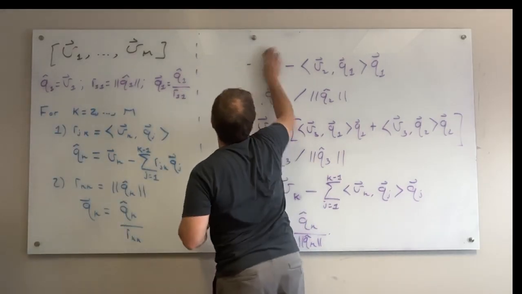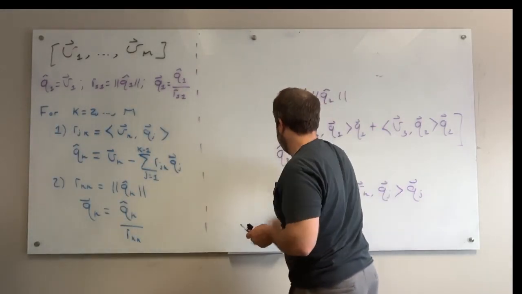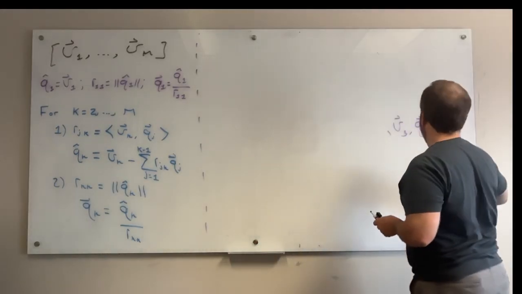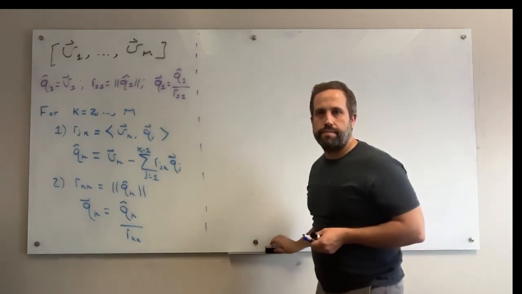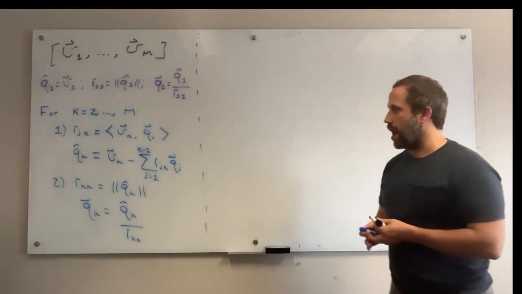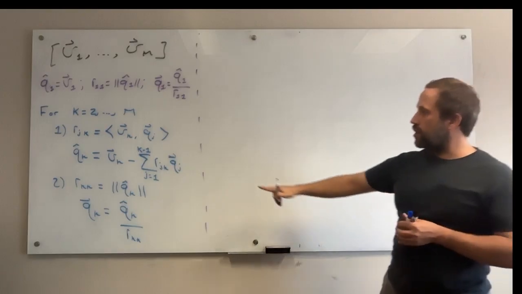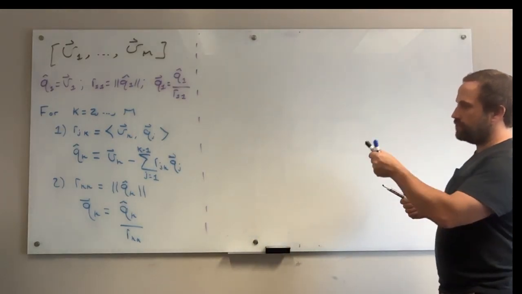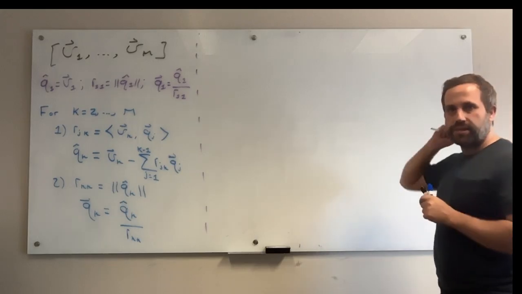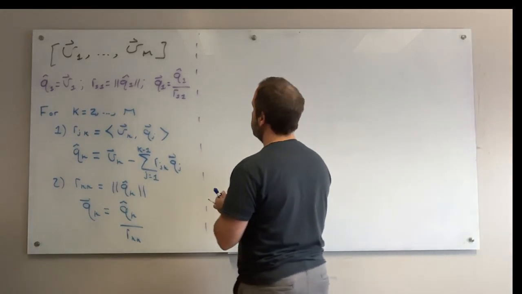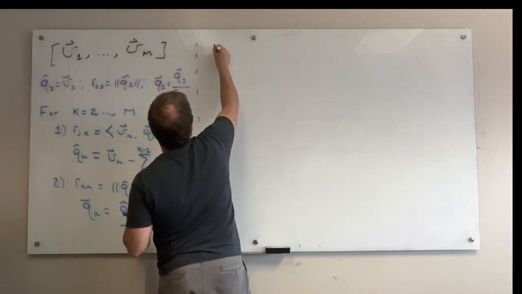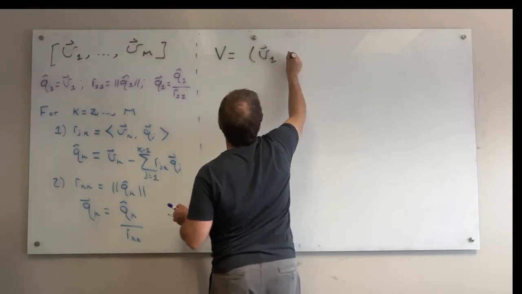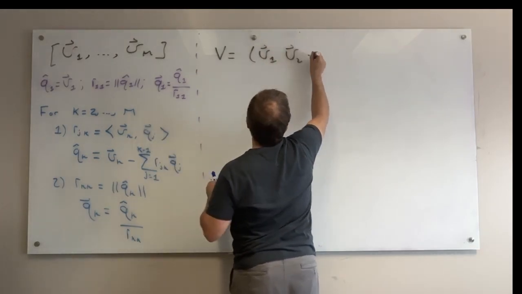So here's what I want to show now. Notice what I have here. If I look at this right here, if I rearrange things, then I can write V as a linear combination of the Q's. And this is going to be something that's important. So I'm going to set notation here, and I want the matrix V to be the matrix whose columns are given by these vectors here.